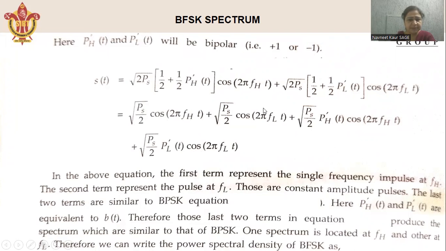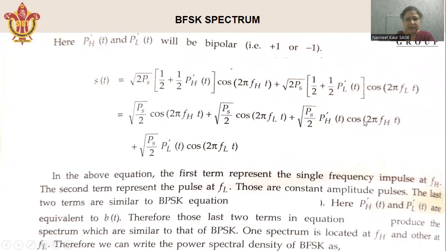The second term represents the impulse at frequency fL. Whereas the third and fourth terms are similar to the BPSK equation, because here PH'(t) and PL'(t) are bipolar signals. So the last two terms will produce a spectrum which is the same as that of the BPSK spectrum.